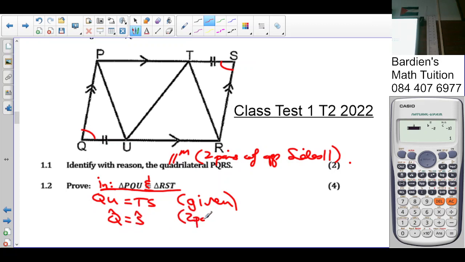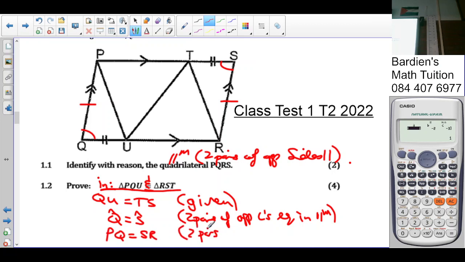Because we've got two pairs of opposite angles equal in parallelogram. Okay? PQ is equal to SR. Why? Two pairs of opposite sides equal in parallelogram.